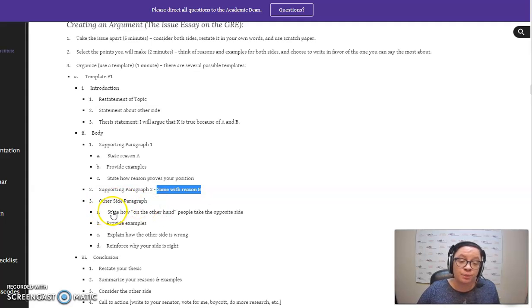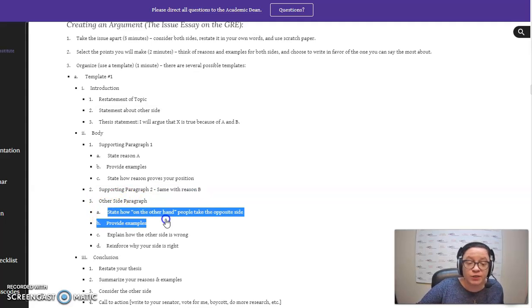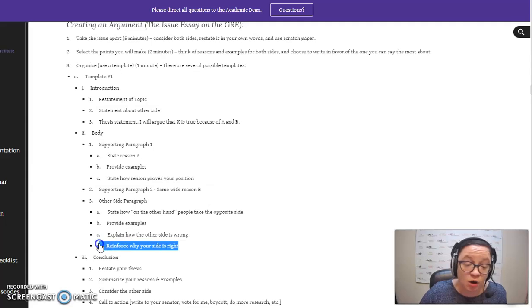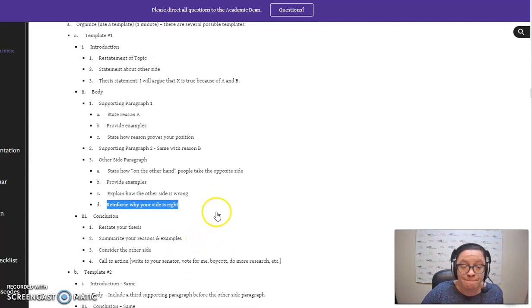And then the other side paragraph will state, on the other hand, some people argue that, whatever the opposite side is, provide examples of how or why they might say this, and then explain how this side is wrong and how the author, the student's position, is the correct position.